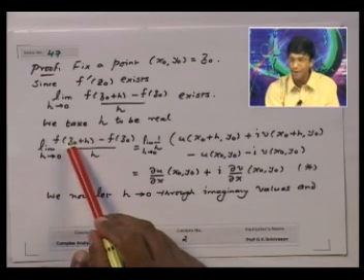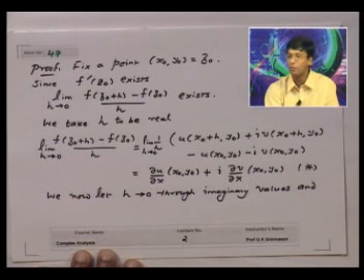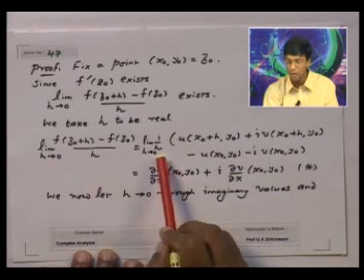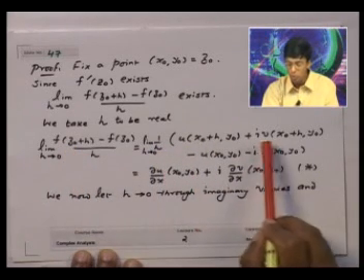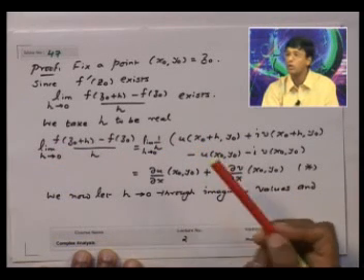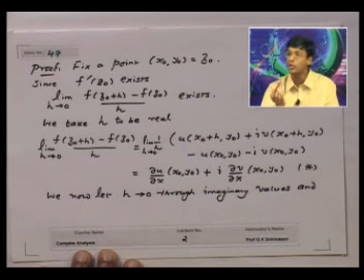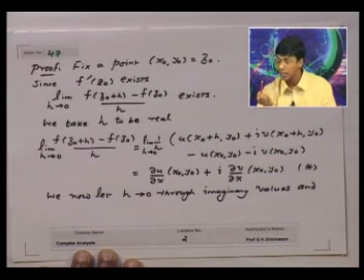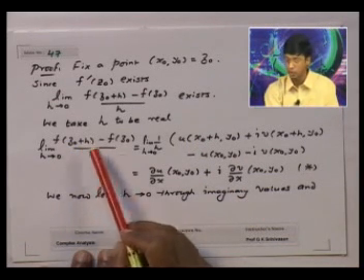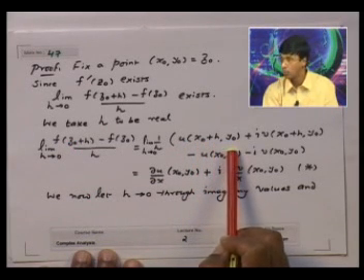Let us write this condition down: the limit as h tends to 0 of 1 over h times f of z naught plus h minus f of z naught. f is u plus iv, z naught is x naught plus i y naught, or x naught comma y naught. But mind you, h is real. So z naught plus h will be x naught plus h comma y naught.